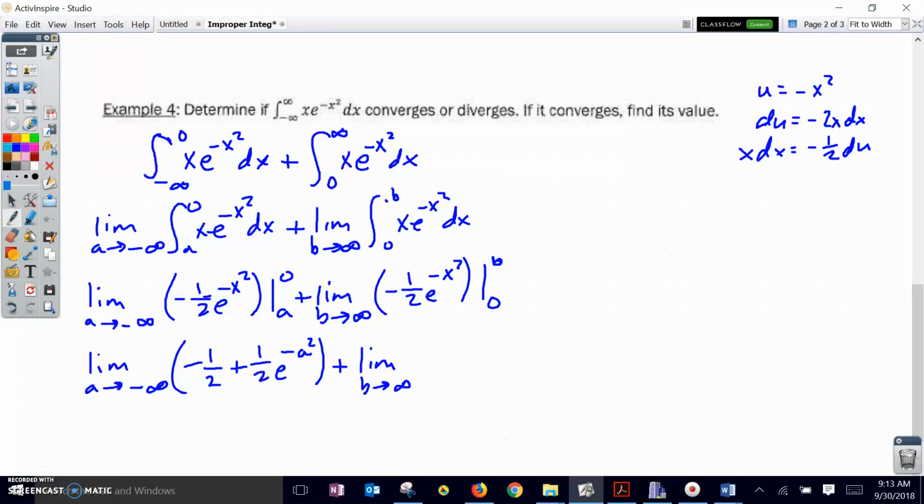And the other one is going to be negative 1/2 e to the negative b squared minus negative 1/2 e to the 0, which turns into plus 1/2.